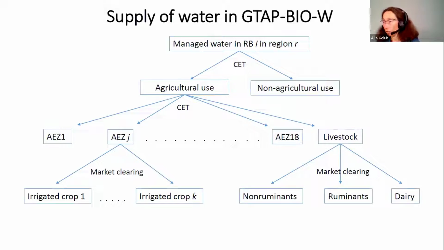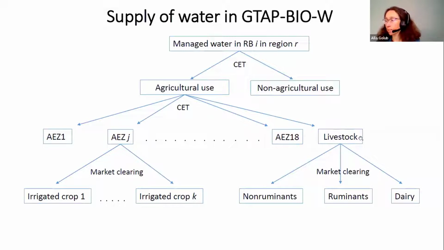First, at the very top, water is allocated to agricultural and non-agricultural uses. And in the second level, water is allocated to AZs for crop irrigation and the aggregated livestock sector. So these are in the same level.